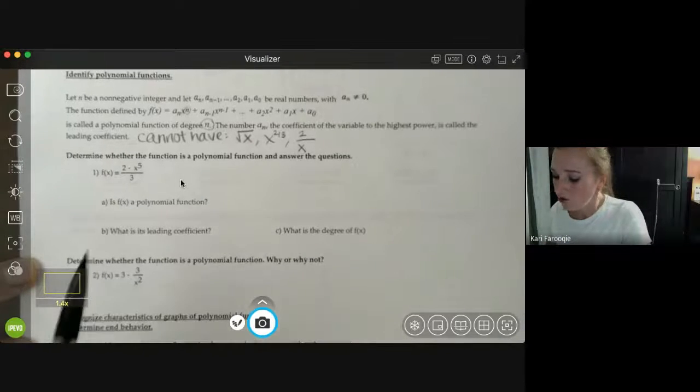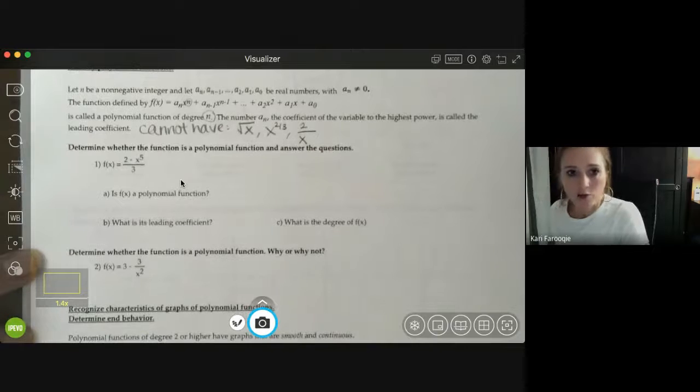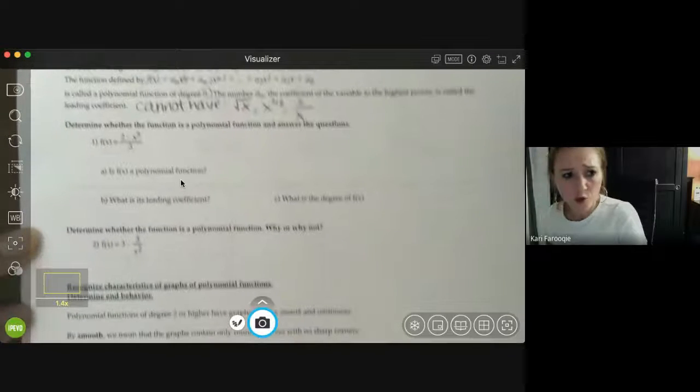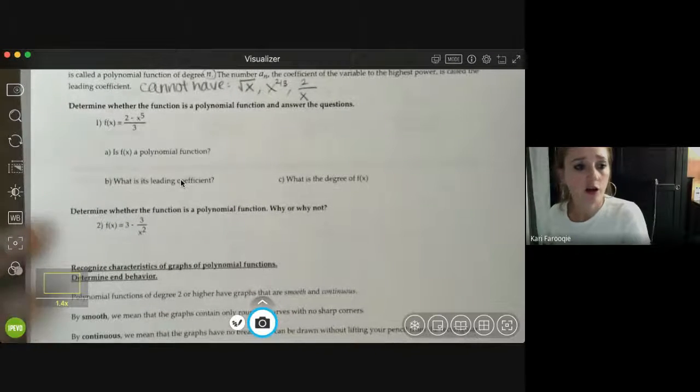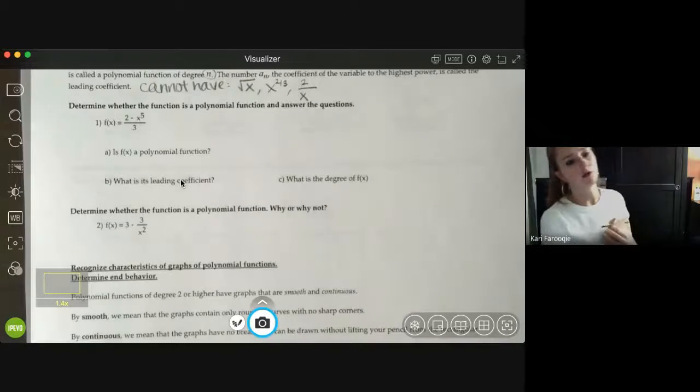We're going to focus in this section on polynomials that can be of much larger degrees, like 3, 4, 5, 6, maybe 7. But they start getting really complex after a while, and we won't talk about them when they get that complex. So we're no longer restricting ourselves to having a lead coefficient that has a variable to the second power. So what we're going to do is we're going to use this definition to talk about whether the function is a polynomial function, and we'll answer the questions.